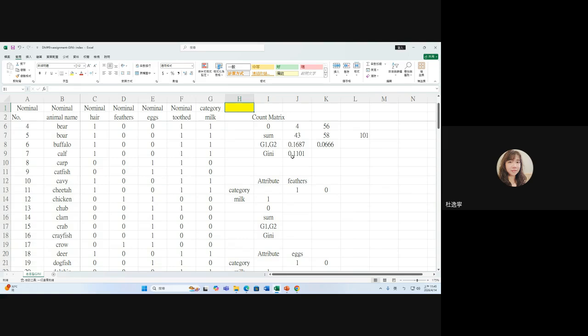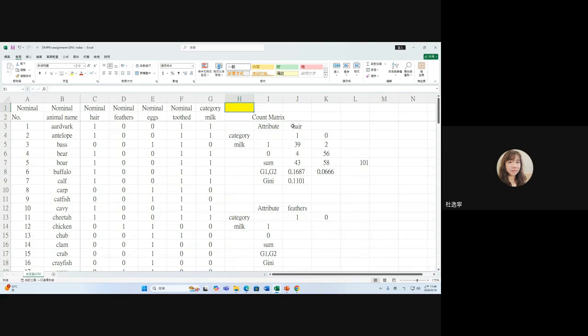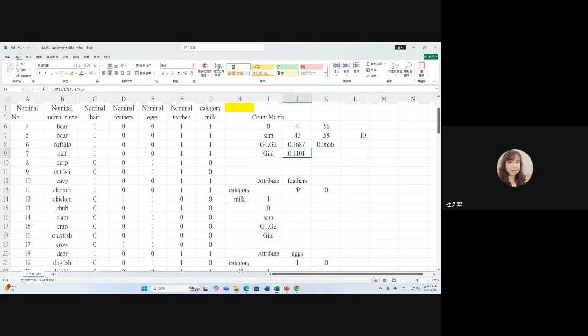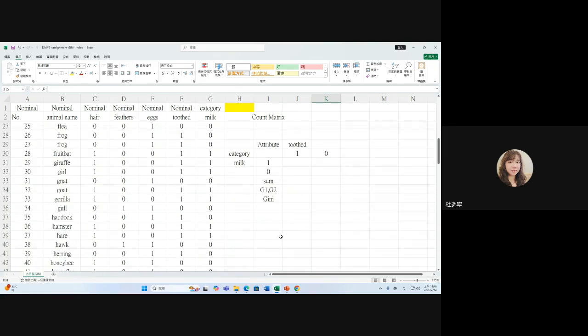Higher or lower? Lower, yeah, because it means impurity. Okay? So for example, if I think hair is the best, I can write down hair is the best because the Gini here is less, but it's not sure for certain because you have not done the feathers, X and tools. Okay? So this is the assignment.